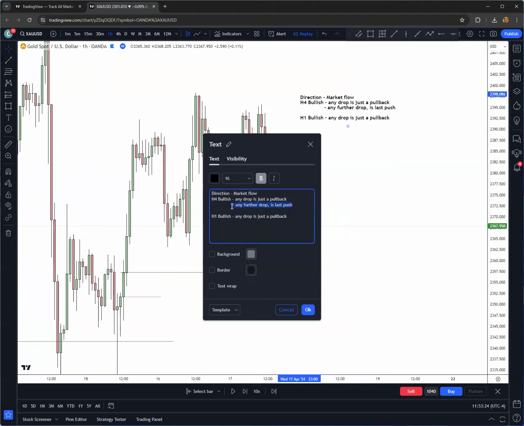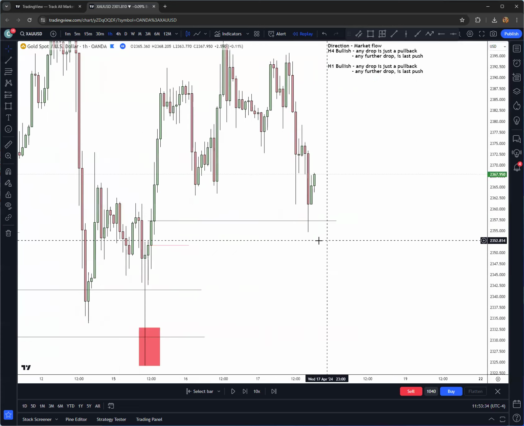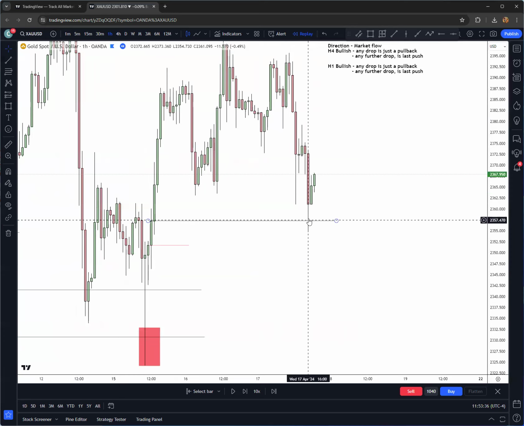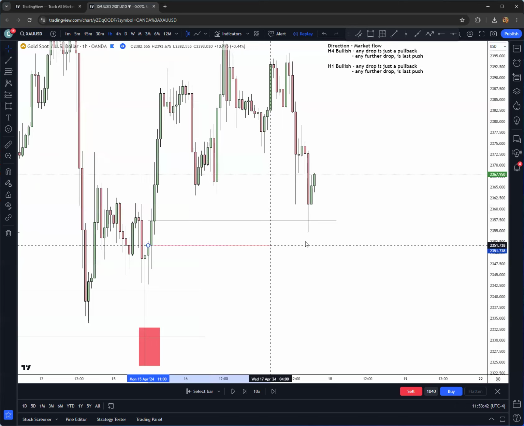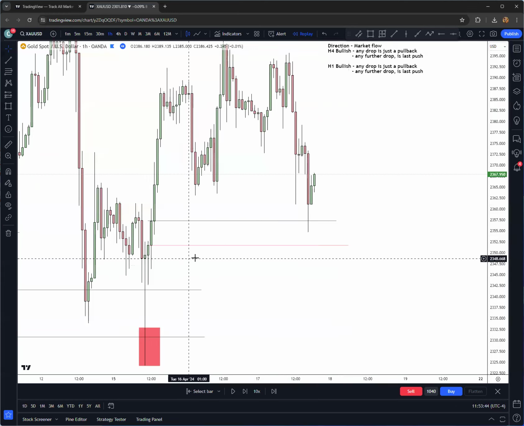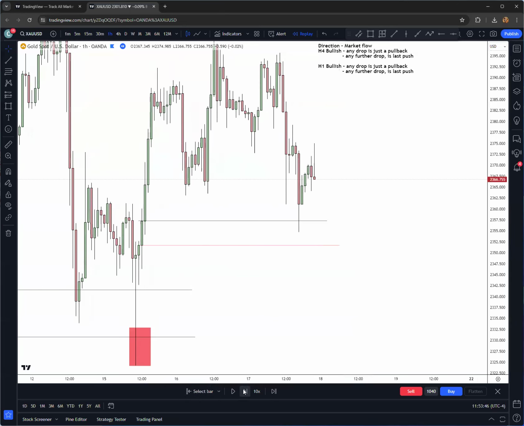So you're looking for this now, right? You're looking for your last push. Because this already hit here, you expect the price to want to pull back into here, but I would look to choose this level here to possibly get a trade. So let's see if we get it.